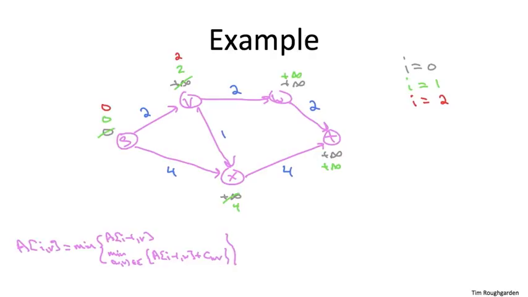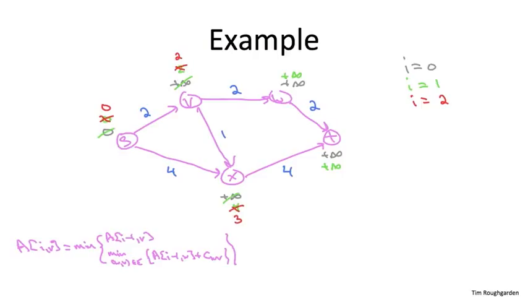So one option would be to set A[2][X] to be equal to 4, but there's actually a better choice. Specifically, if we choose that last hop to be the unit cost arc from V to X, we add that unit cost to V's subproblem value last iteration when i equals 1. That was 2. 2 plus 1 equals 3. So that's going to be the new subproblem value at X in this iteration where i equals 2.